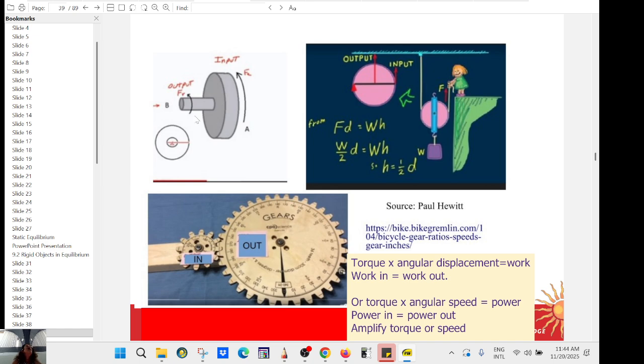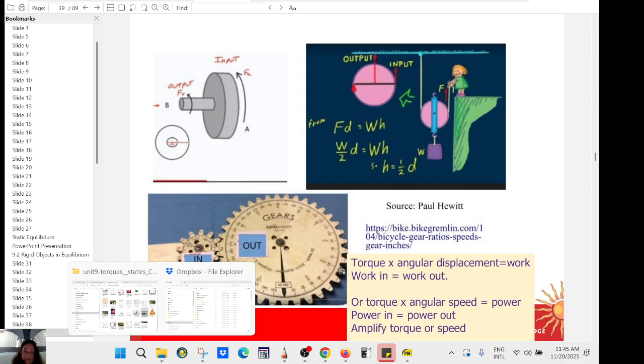You have wheel and axle on the same principle. For example, here you can apply a small force over a large distance, which will be equal to a large force over a small distance. So you're amplifying the force. Mechanical advantage will be large. This is called wheel and axle. You have that in the human body.